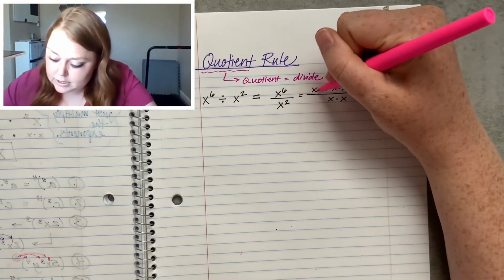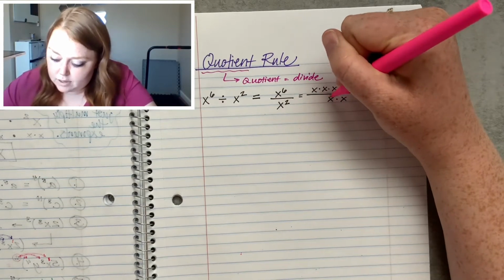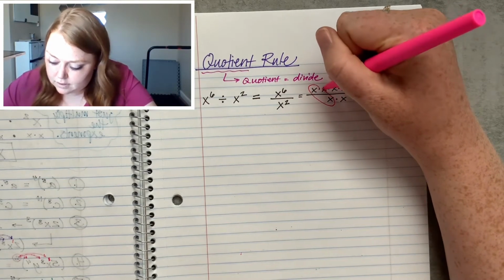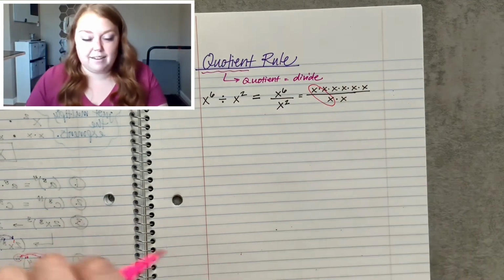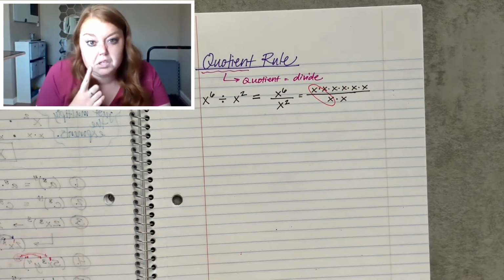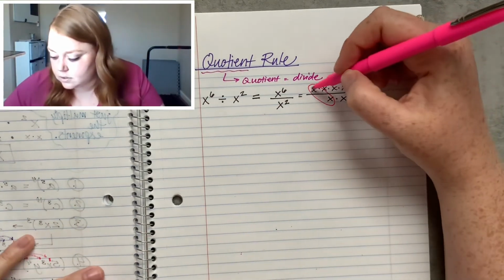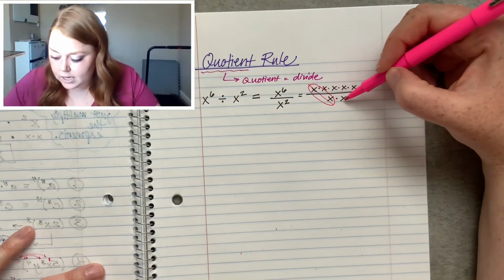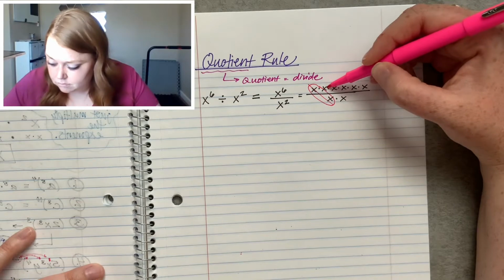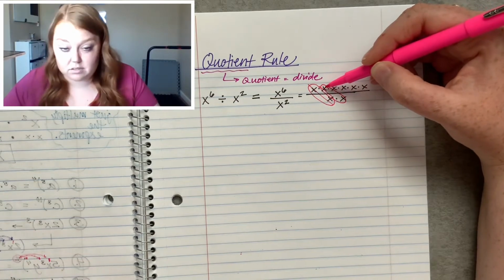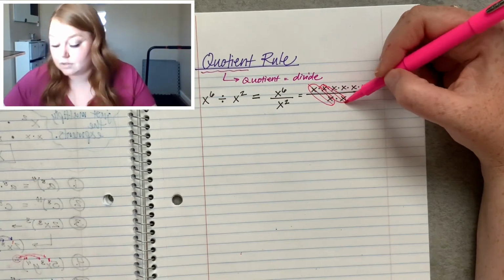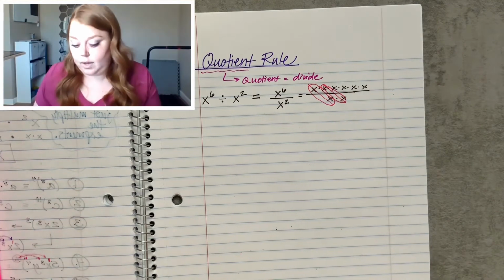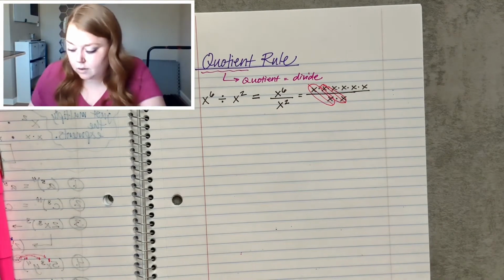Okay. So what you're going to look for is you're going to group up and go, if I just look at this x dividing by this x, x divided by x is 1. So it's almost like they cancel each other out. And then this x divided by this x, x divided by x is 1. So it cancels those out, because 1 times anything is just itself.